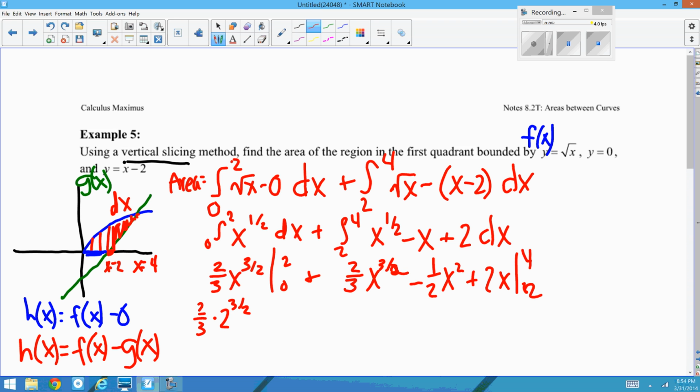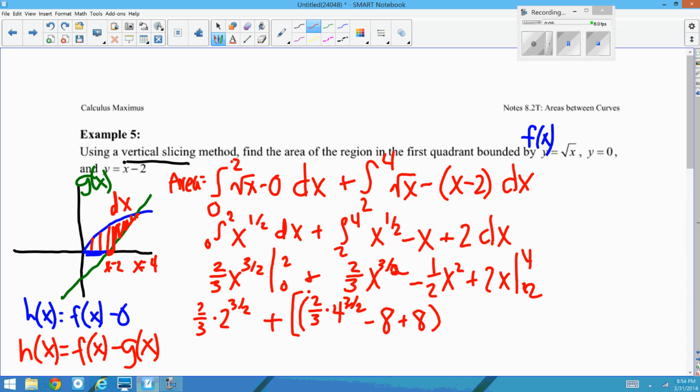So I'm going to leave that there. Then I'm subtracting 2/3 times 4 to the 3/2, minus 1/2 times 4 squared. So we have 1/2 times 16, which is minus 8. Then we have plus 2 times 4, which is plus 8.